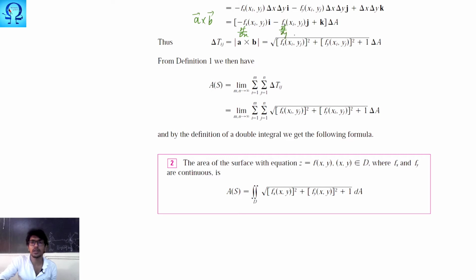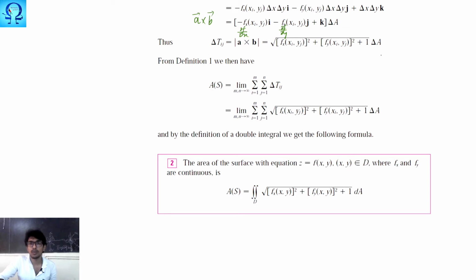So this quantity we have, and when you take the absolute value, this is the square root of minus fx whole squared plus minus fy whole squared plus 1 squared.